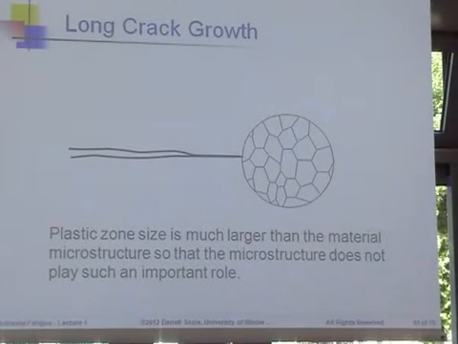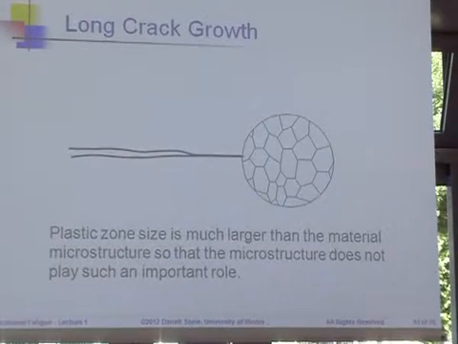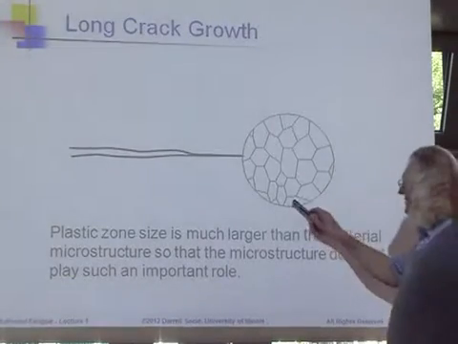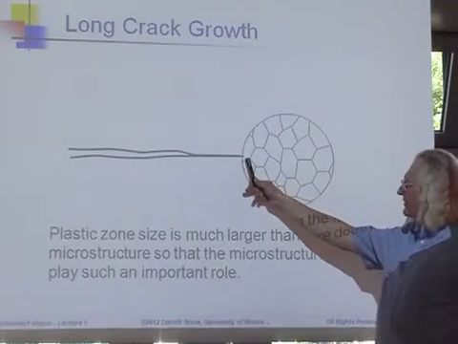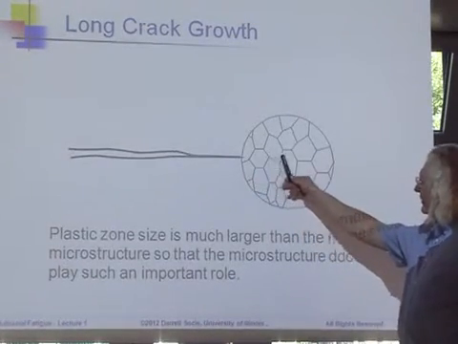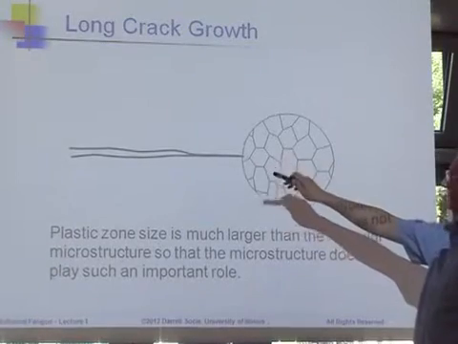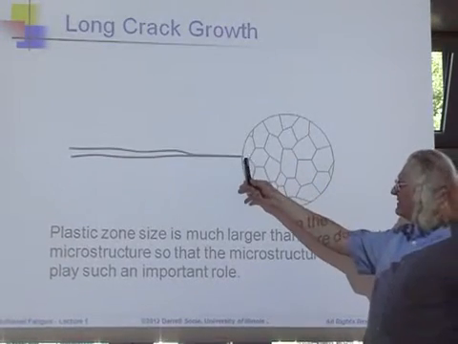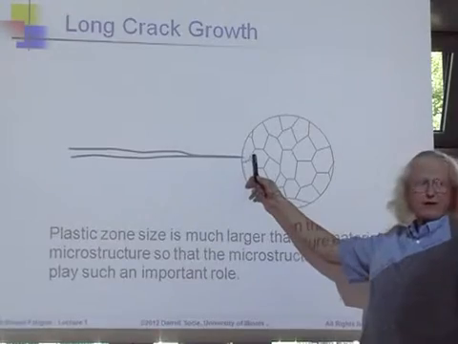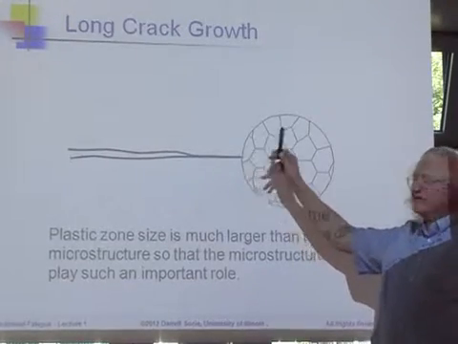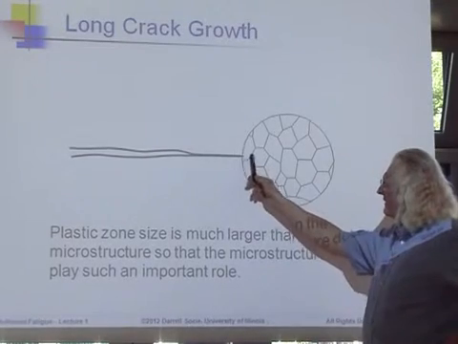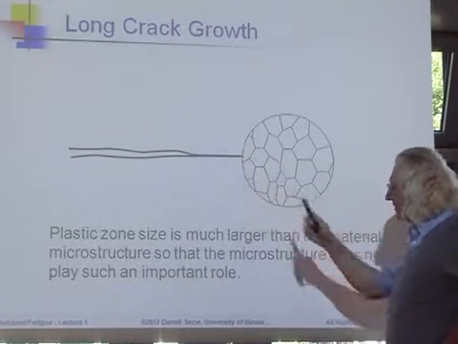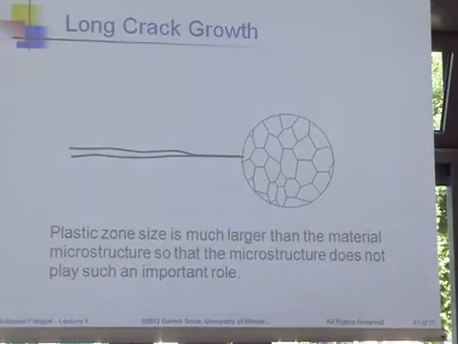And as I showed you in the picture, the plasticity coming from the crack is now much bigger than the microstructure. So when this is much bigger than the microstructure, then this crack can easily move through it. You can just imagine if I have this drawn to scale, nothing about this grain is going to prevent this crack from tearing through it. But when this microcrack might be on the same order as this grain, then the size, shape, and inclusions will have a very big effect.